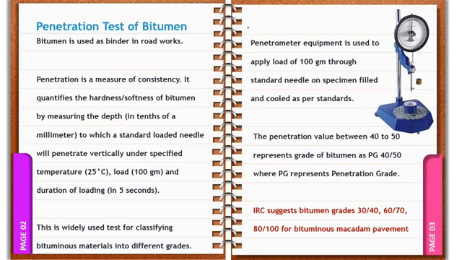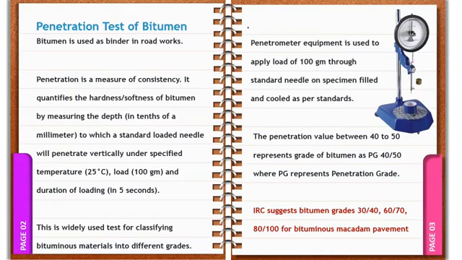Now, grades of bitumen. There are mainly three methods by which we can find out the grades of bitumen. One is penetration grade, another viscosity grade, and ductility.